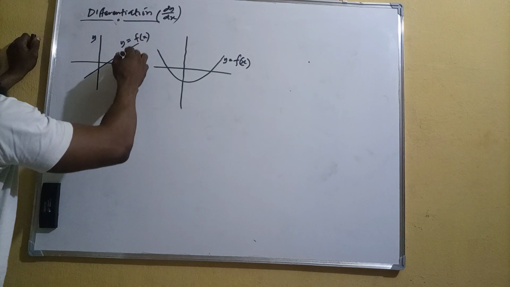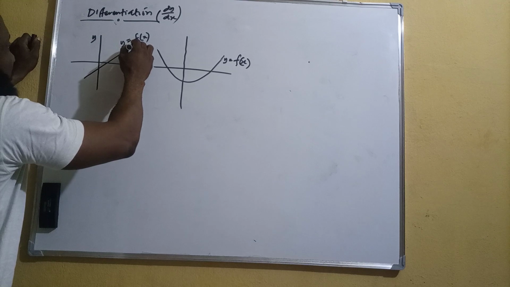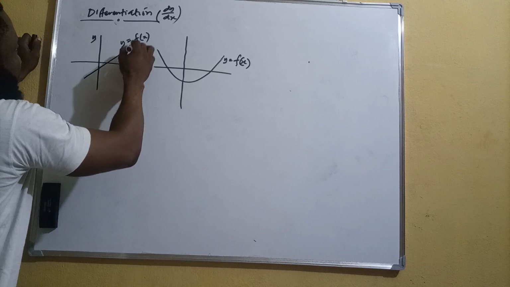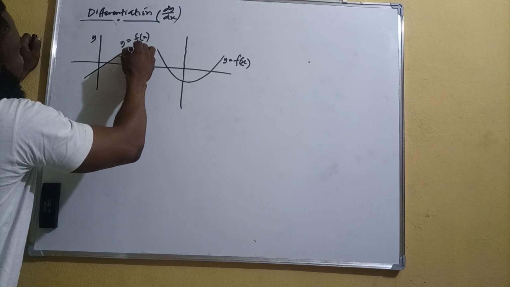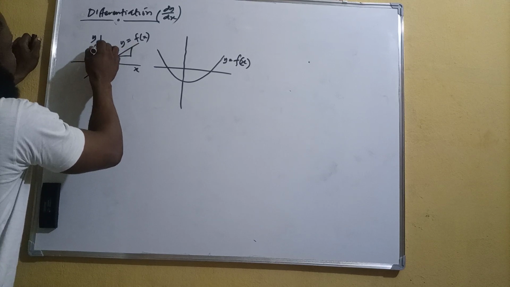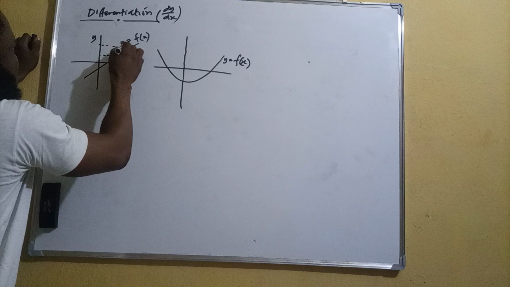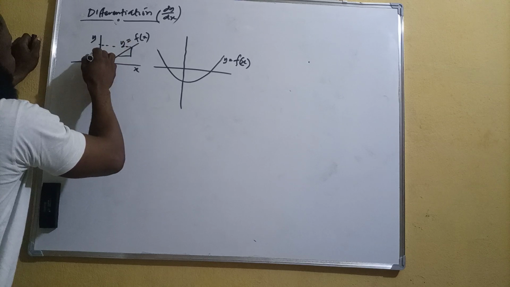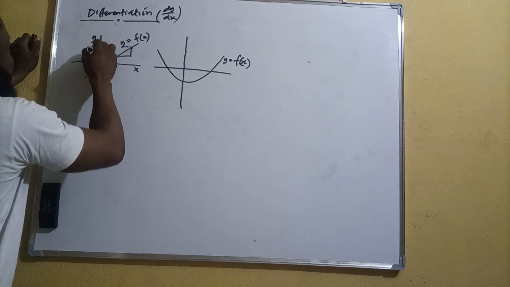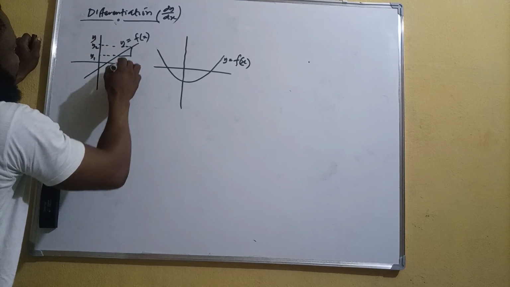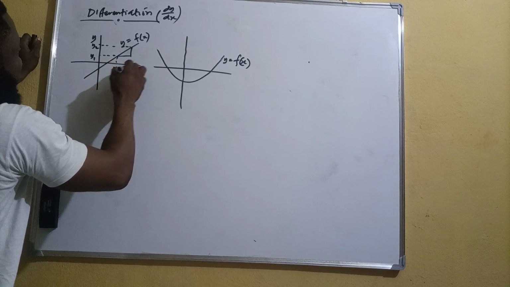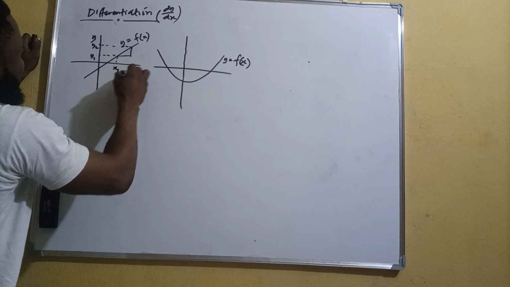Now, if you have a straight line like this, and we want to look for the gradient of this straight line, usually the gradient is the change in the vertical axis. Let's say this is y1, up here is y2. This point is x1, and here is x2.